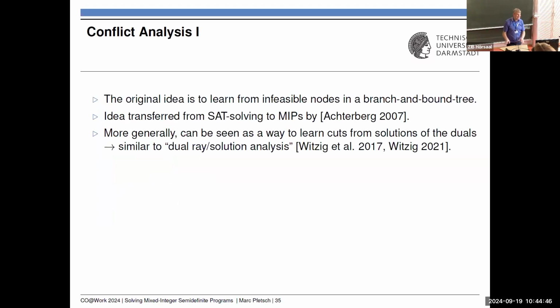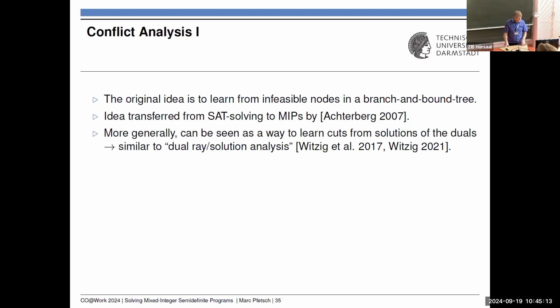Okay, conflict analysis. What is the idea of conflict analysis? The original idea was to somehow learn from infeasible nodes in a branch and bound tree. In the original branch and bound algorithm, infeasibility has just been used to cut off the node, but that's it. You're not learning anything from it. And the idea was, can we somehow make use of the information that I know that the node is infeasible?